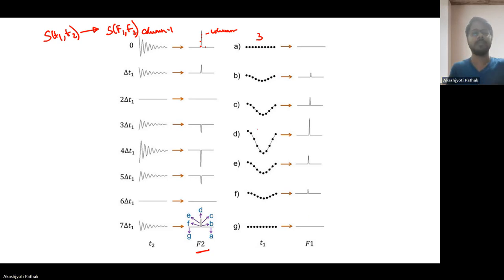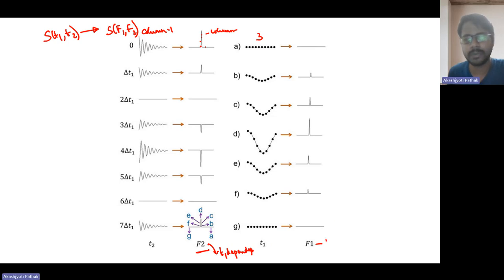This is collected at different time points T1, and then F2 is T1 dependent. So these are the F1.